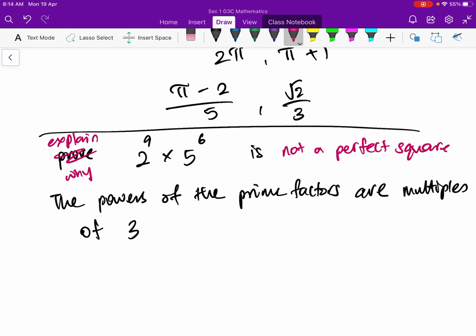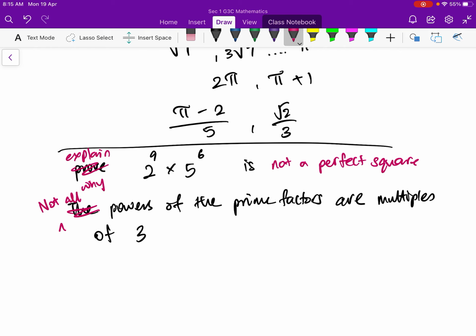You just need to edit this: not all powers of the prime factors are multiples of 2. That's why it is not a perfect square. Where? This one? This is not a multiple of 2.